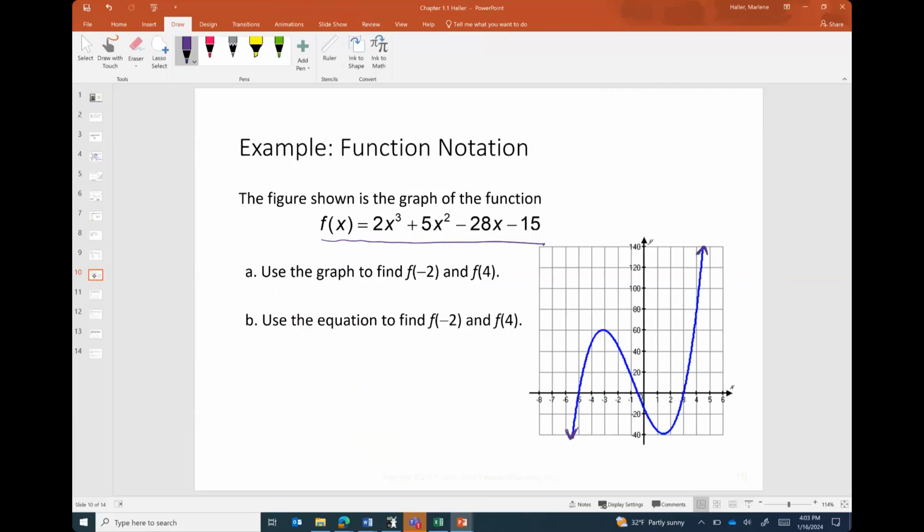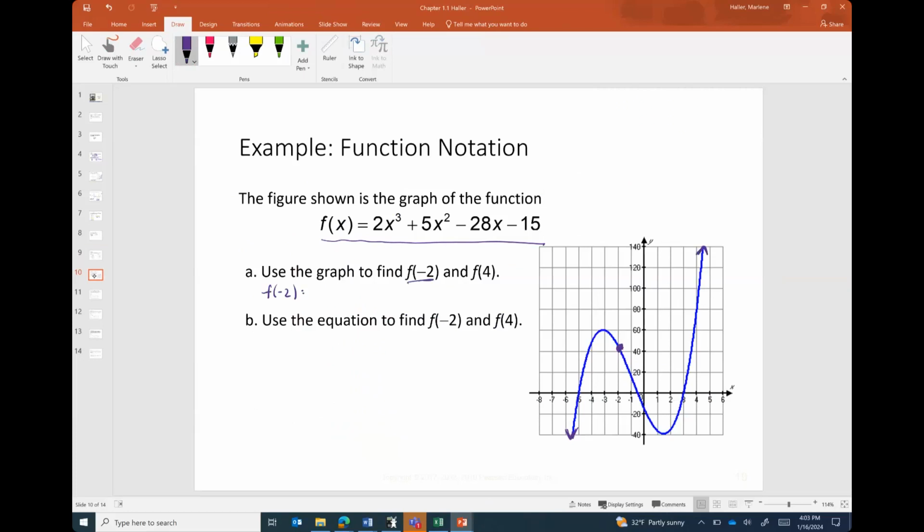So if we want to use this graph to find the value of f of negative 2 and f of 4, what we're actually doing is evaluating this function f, and we're evaluating it when x is negative 2, right? So to do that, what I want to do is find where is x negative 2 on this graph. Okay, there's a negative 2. The point on the graph looks like it's about right there.